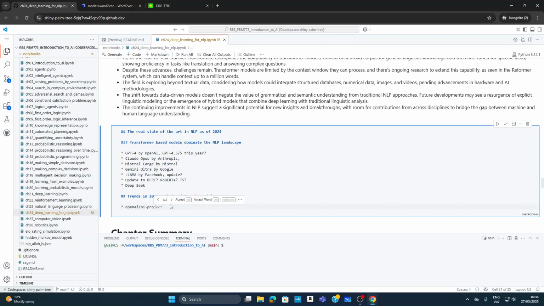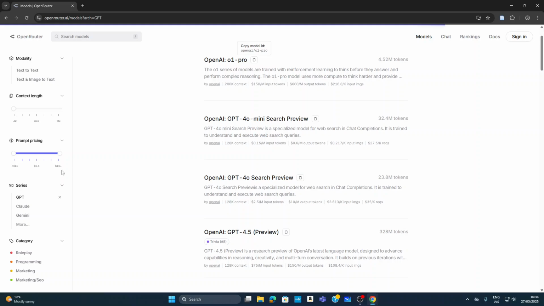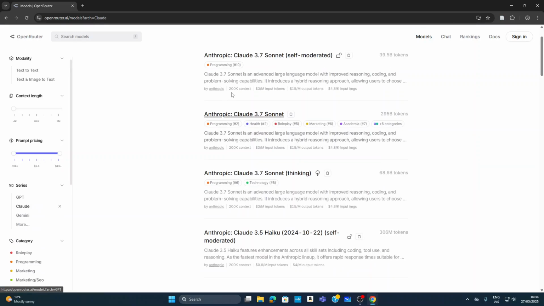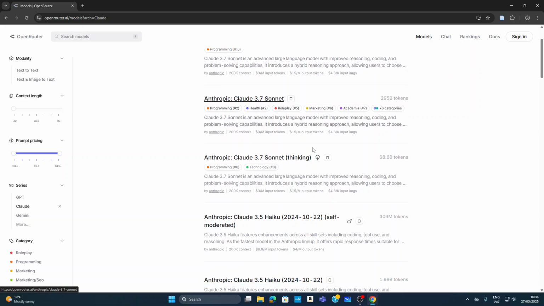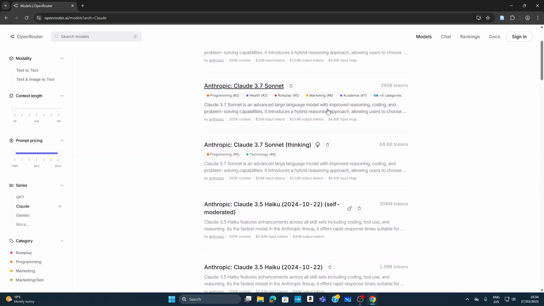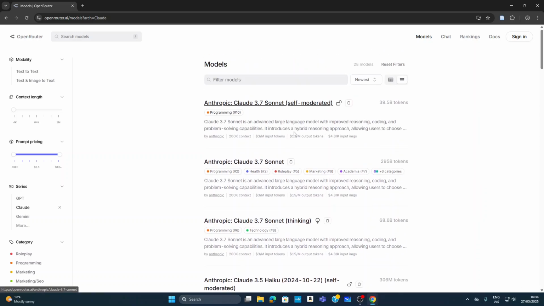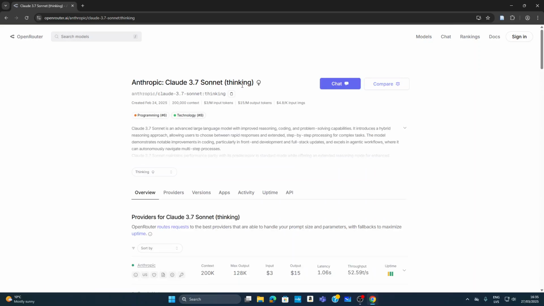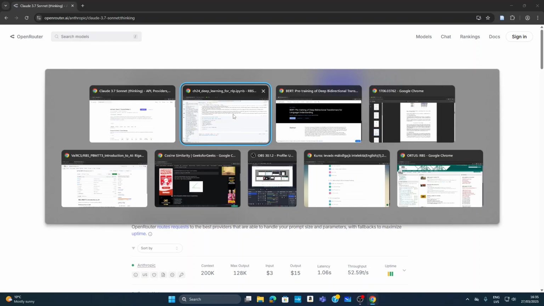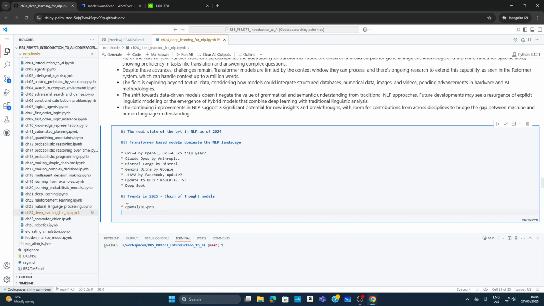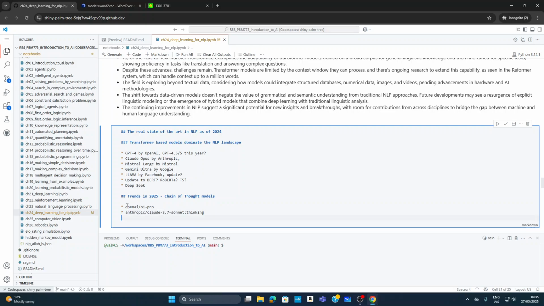So which one else? DeepSeek has one too. Claude has one too, Claude Sonnet with the reasoning. Sonnet thinking, it's in this one here. Again, cheaper, but also pretty expensive. Claude's also pretty expensive. What's interesting is the cost also becomes important.